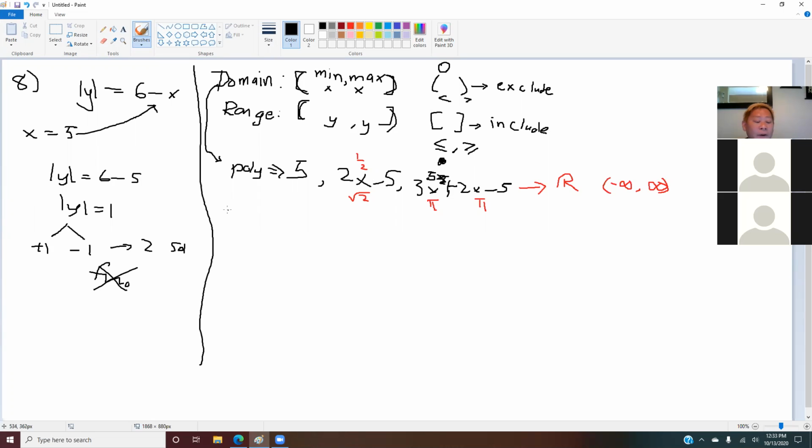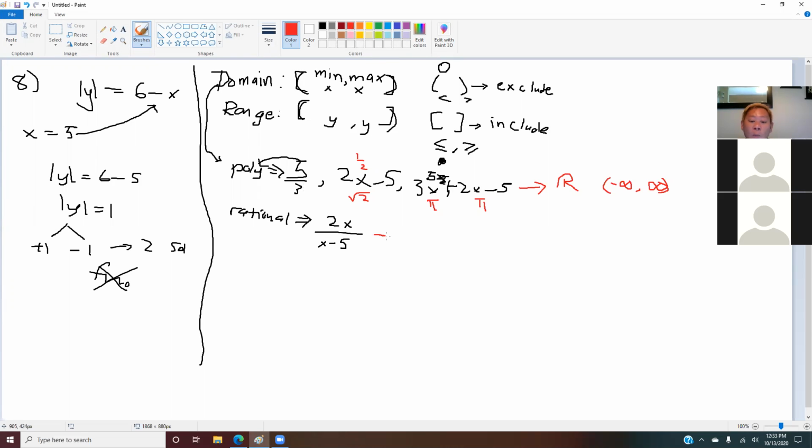What happens if you have a rational function? A rational function means that it is a fraction, like 2x over x plus 5, or anything that looks like a fraction with x in it. 5/3 is a polynomial, but if you put an x somewhere in the fraction, it becomes a rational function.